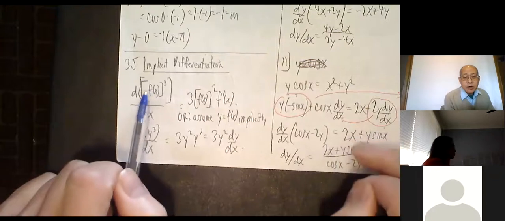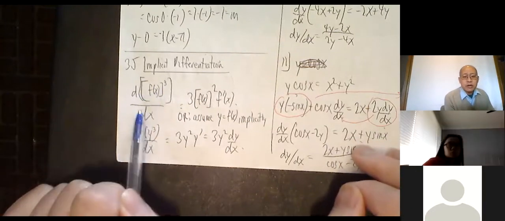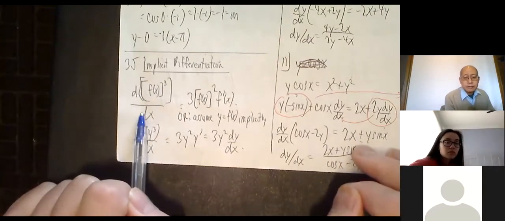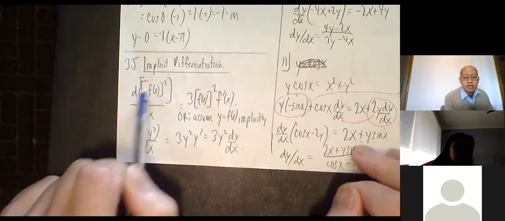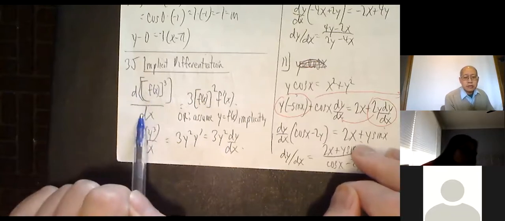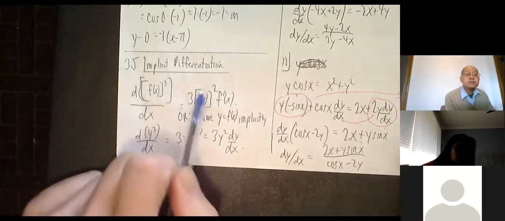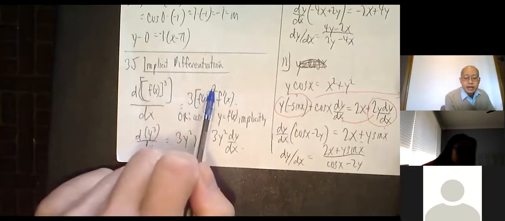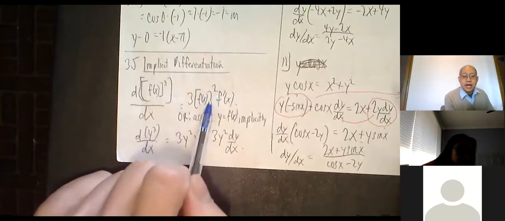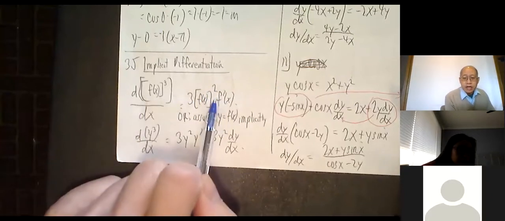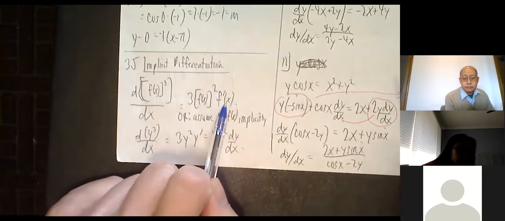Suppose I want the derivative of f of x cubed with respect to x. Well, that's chain rule, right? 3 comes down, f of x squared, then times the derivative of the inside, which I can write as f prime of x. That's a chain rule.